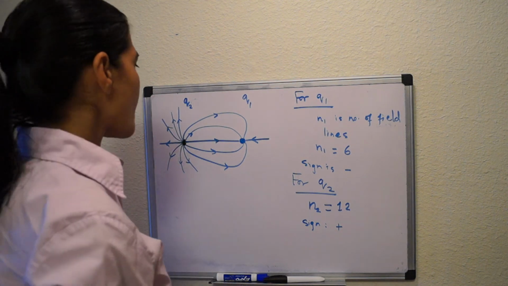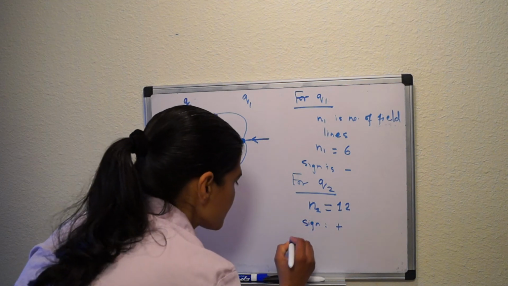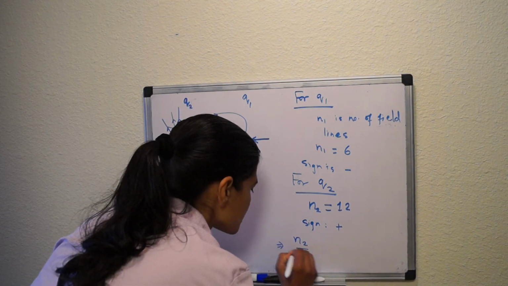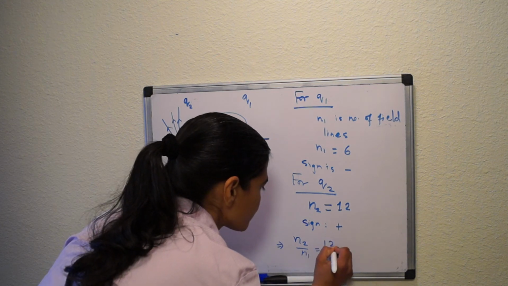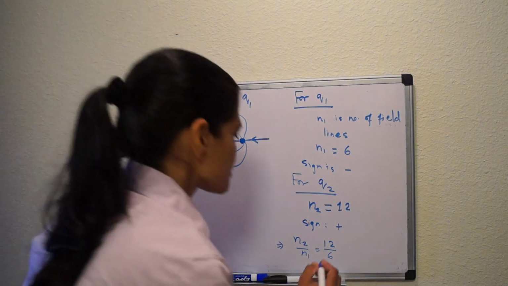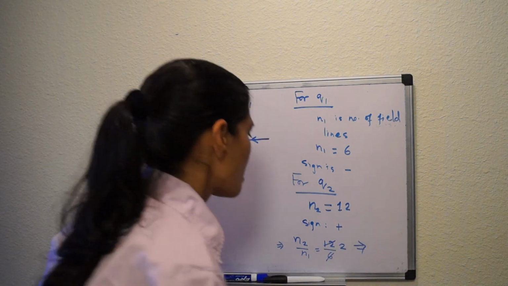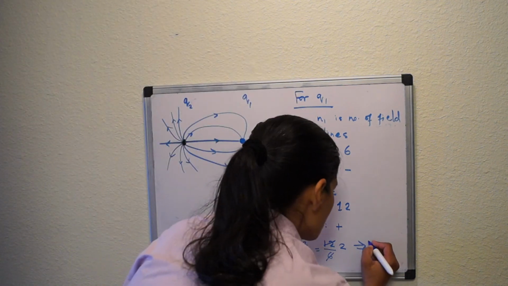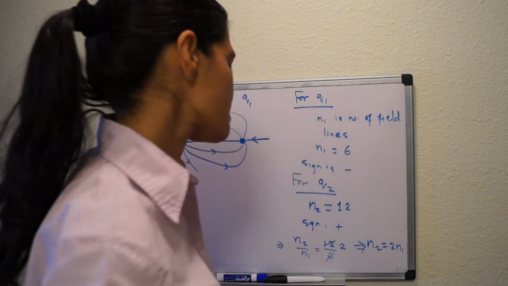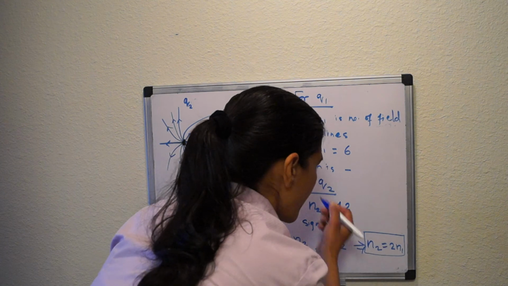So now how do we find the difference? Let's take the ratio N2 by N1. This gives us 12 by 6, which is equal to 2. So this tells us N2 equals 2 times N1.